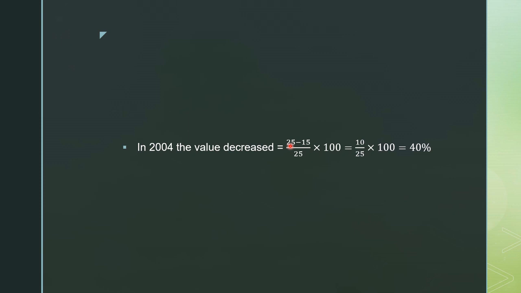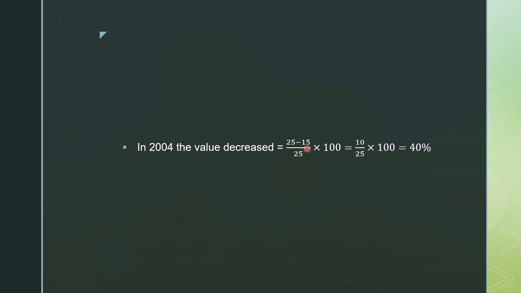In 2003 it was 25, and in 2004 it was 15. So the value was decreased. So when we calculate initial value minus final value divided by initial value into 100.